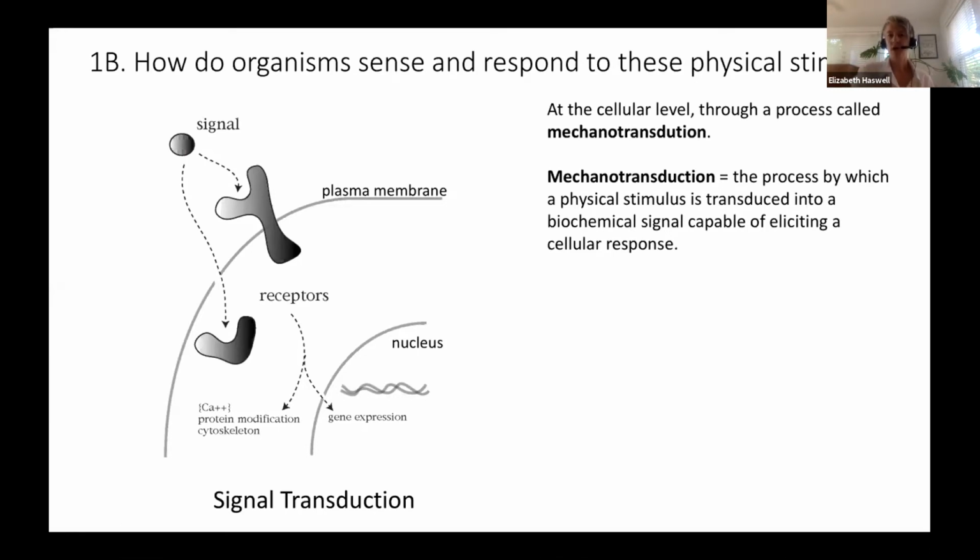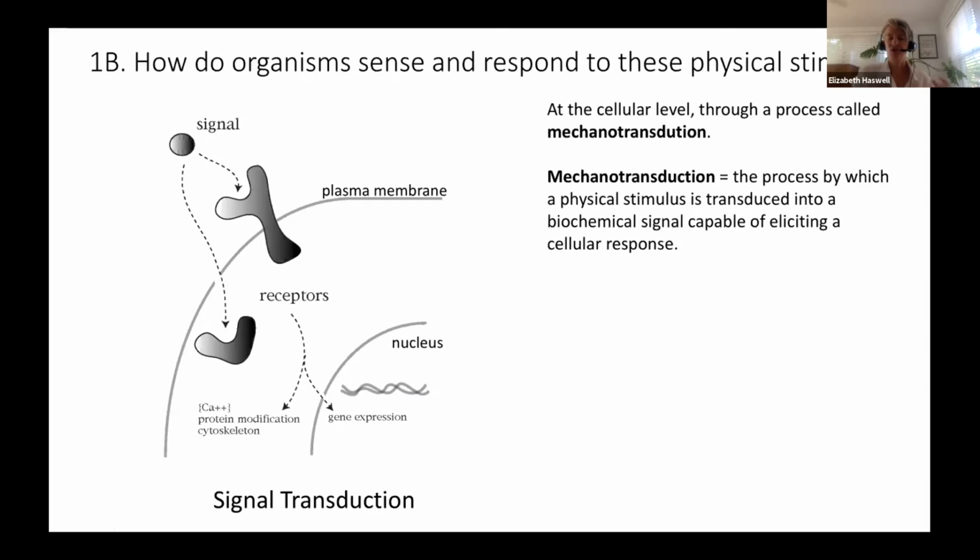One way that biologists often think about how cells sense and respond to their environment is through a process called signal transduction, where there's a signal outside the cell. It's perceived by a receptor, maybe in the plasma membrane or maybe intracellular. Those receptors then activate signal transduction pathways that lead to something downstream that changes cellular state in response to the signal.